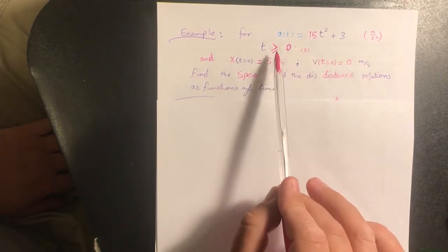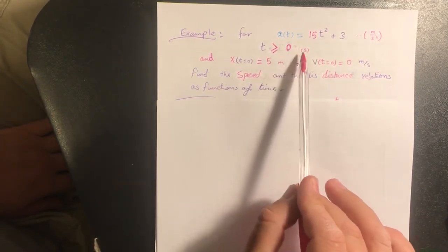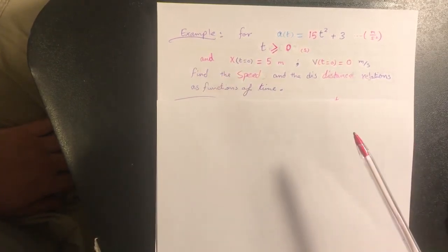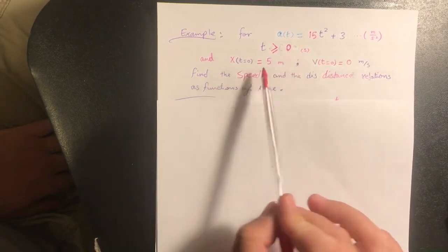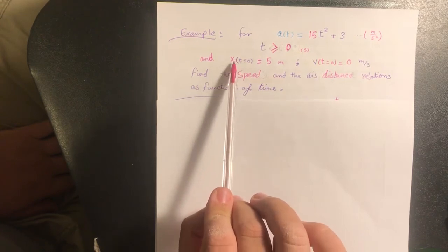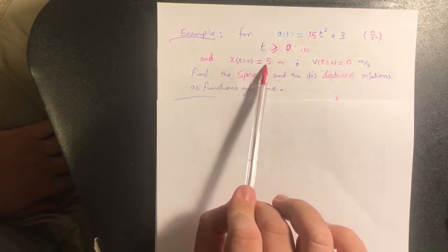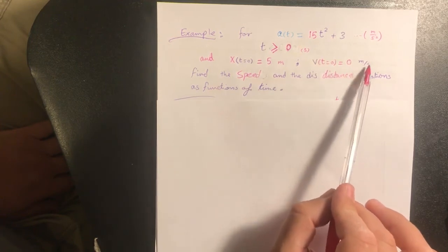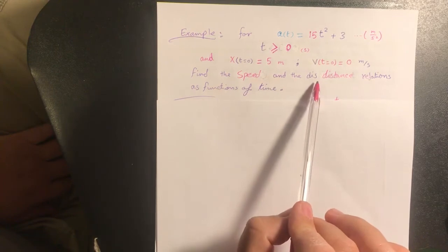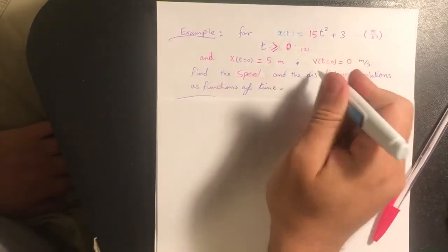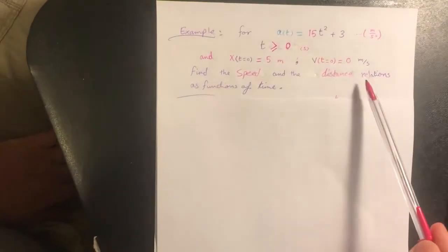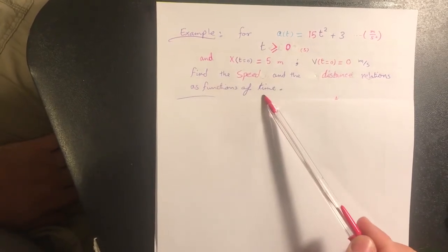The time is always bigger or equal to 0, in seconds. And we have initial values at t equal to 0. At initial time t equal to 0, the initial position is 5 meters and the initial velocity is 0 meter per second. We need to find the speed and the position or distance relations as a function of time.